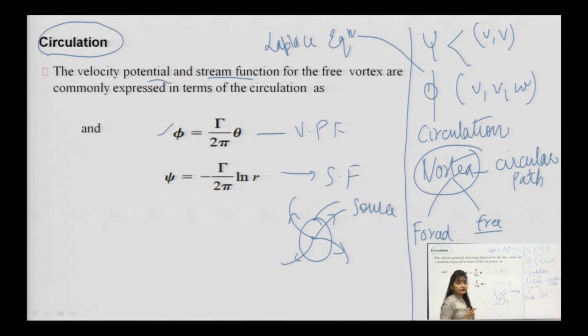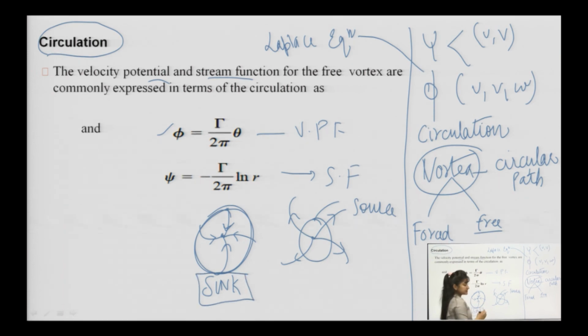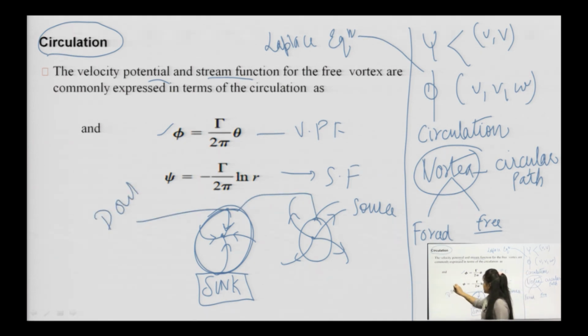Similarly, if you find a place where the flow is coming radially inward in this circular pattern, then this particular formation of flow will be termed as sink, and the place where both sink and source are available can be termed as doublet. Doublet formation.